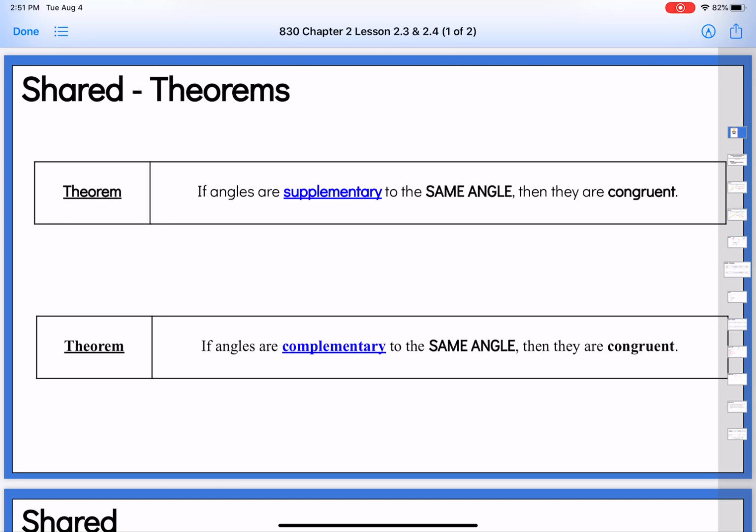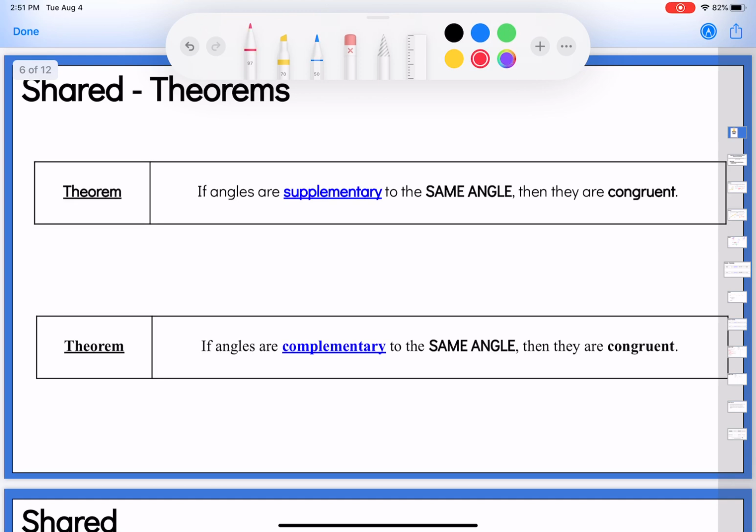Now those are theorems, right? So we have to discuss if they are reversible. So the converse would be if two angles are congruent, then they are supplementary to the same angle.